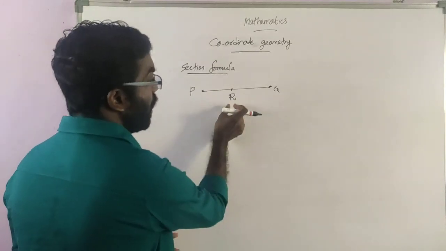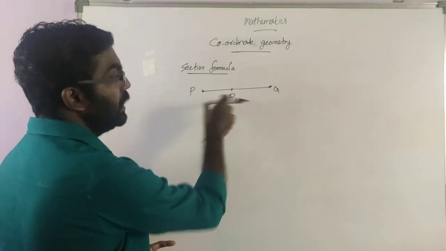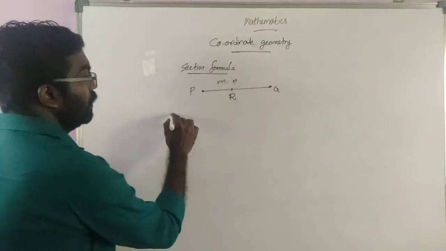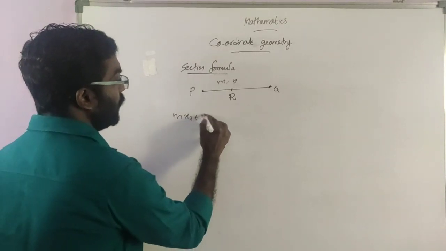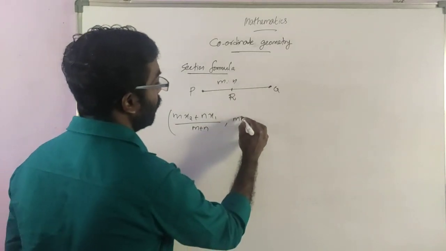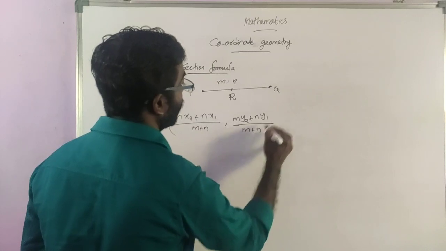For example, if R is a point which divides PQ internally in the ratio m is to n, it is given by m x2 plus n x1 divided by m plus n and m y2 plus n y1 divided by m plus n.